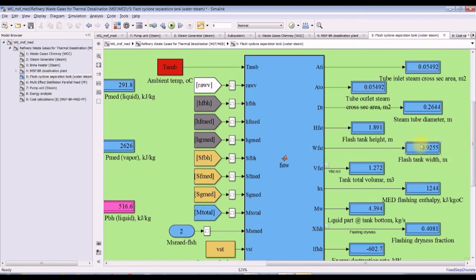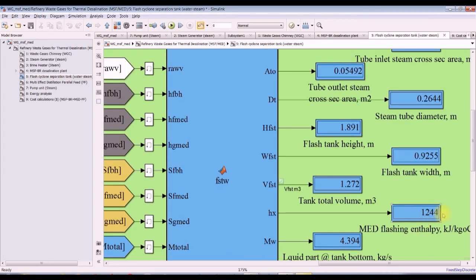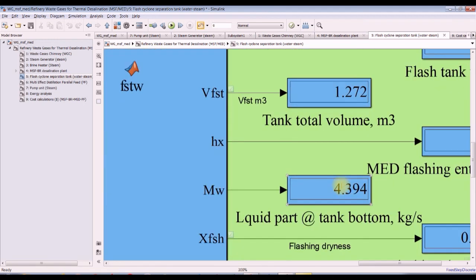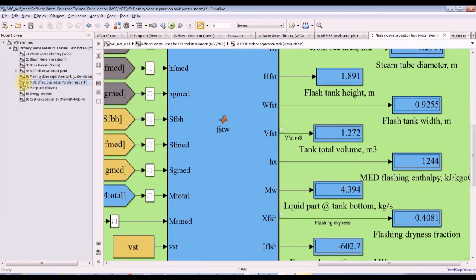And this is flash tank width parameter, total volume, enthalpy of the flashing. This is the liquid part at the bottom of the tank to be accumulated. Mass flow rate is 4.39, okay, and so on.